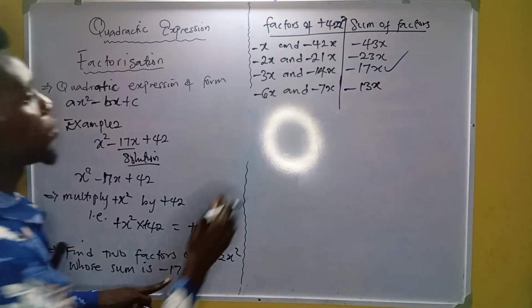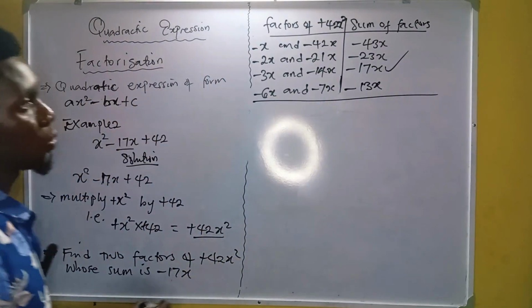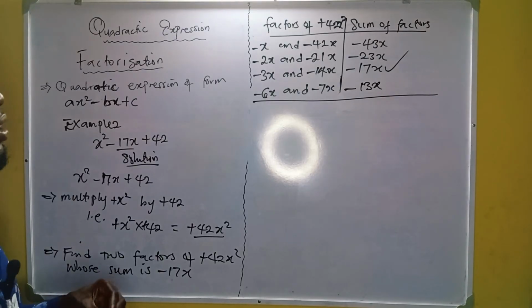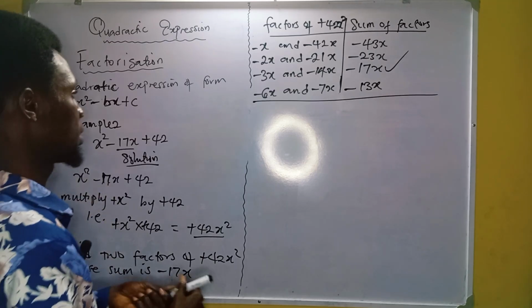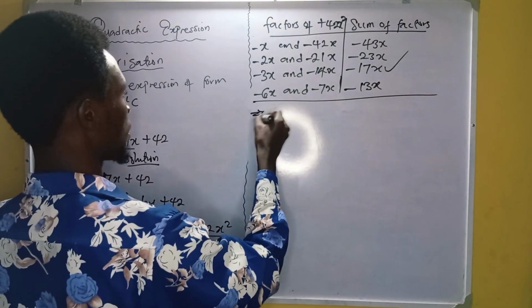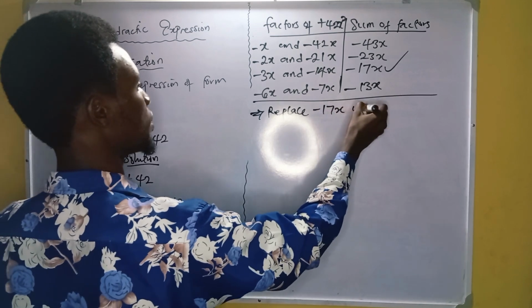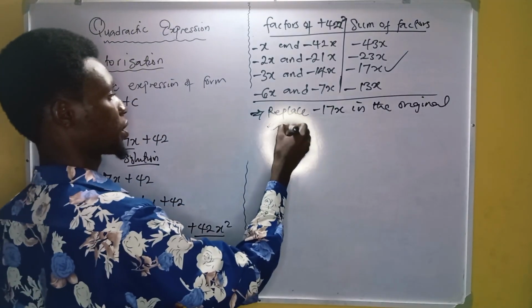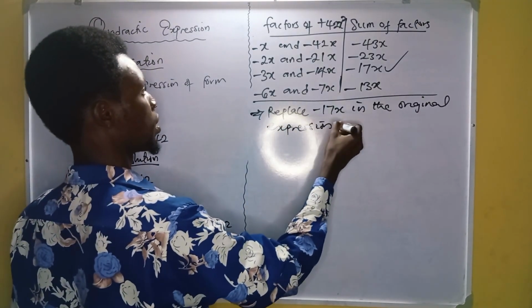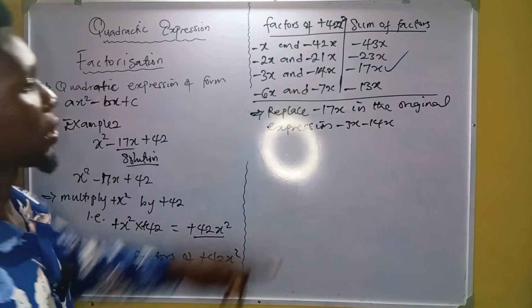Okay, so the two factors of plus 42x squared whose sum is minus 17x are minus 3x and minus 14x. So what we are going to do now is to replace the middle term, minus 17x in the original expression, with minus 3x minus 14x.